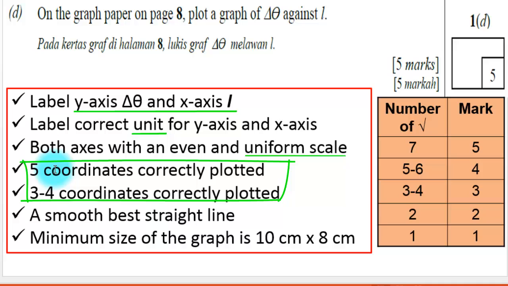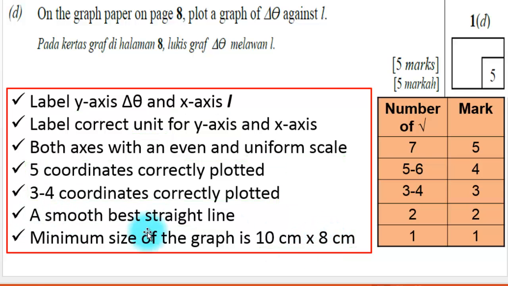So if all 5 coordinates are transferred correctly, you will get double tick, the fourth and the fifth tick. And then the sixth tick will be for the best straight line drawn. And the last tick, the 7th, is actually the size of the graph. It should be 10 cm times 8 cm at least.